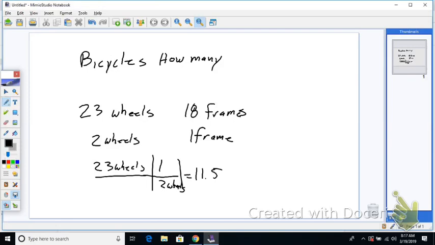And what limited you making the bicycles is the wheels, right? And so some people looked at that right away and said 18, and then they go, oh, wait a second. A bicycle needs 2 wheels, so that can't be it, because 11's the most I can make. And so when you look at these problems, you're going to look at weights and you go, oh, that one weighs more, and this one weighs less.